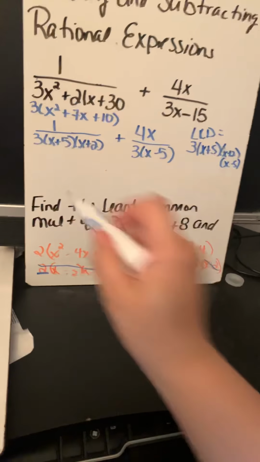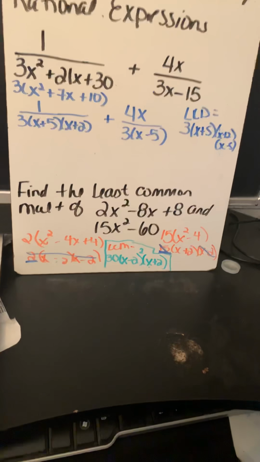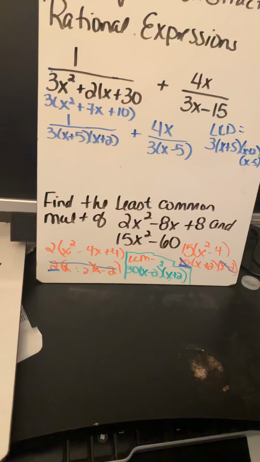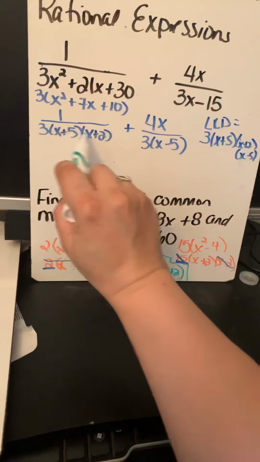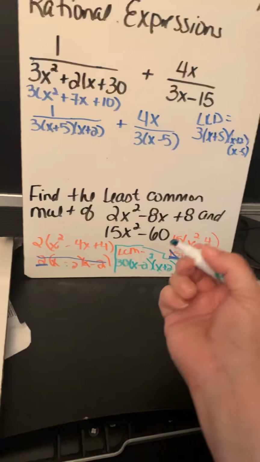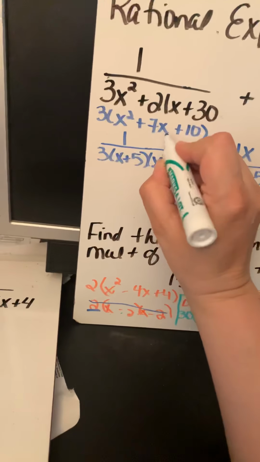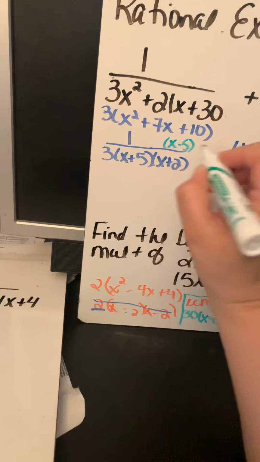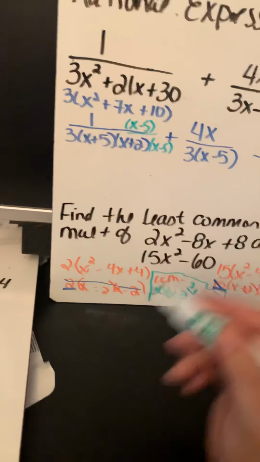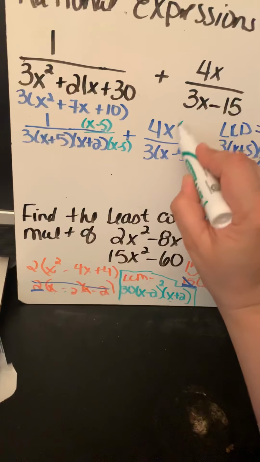Over on this one, what am I missing to make this denominator look like that? The x minus 5. So I'm going to multiply by x minus 5 over x minus 5. Over here, what am I missing?